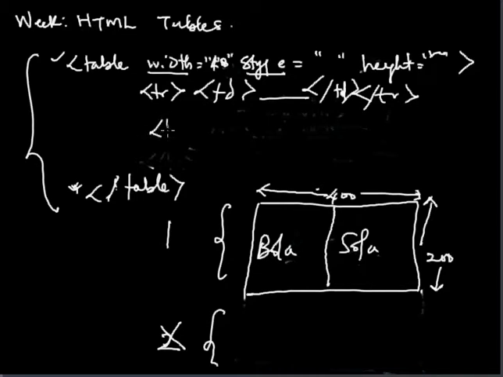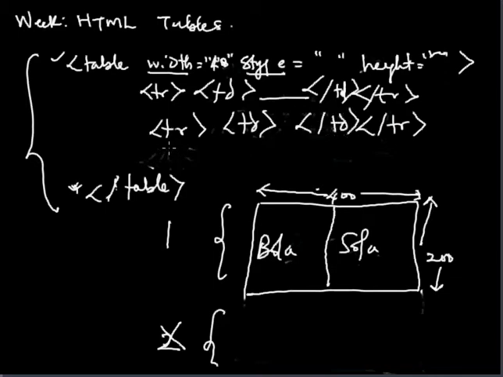So we also can have a table row here. That means we are having two table rows now. Table row here, which contains a table data, and you close the table data. For every table row you have, you must have a table data.